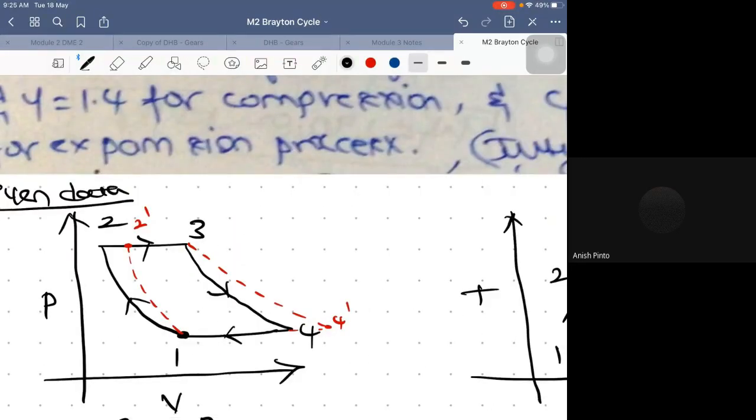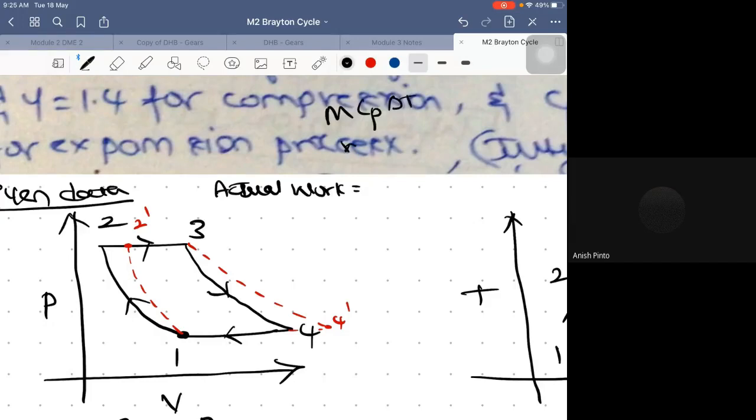Theoretical work is related to this one, where nothing is involved. Where it is deviating, this is the actual thing which is happening. We assumed it would happen from 1 to 2, but actually it is happening from 1 to 2 dash. Now, how will you calculate actual work? Again, same thing. It is m Cp delta T, right?